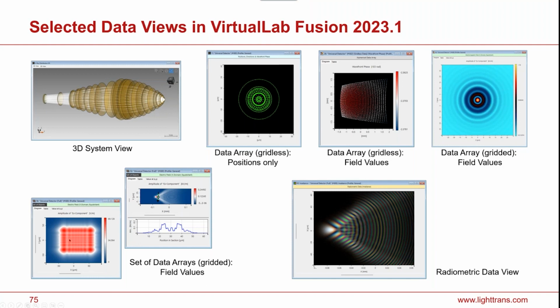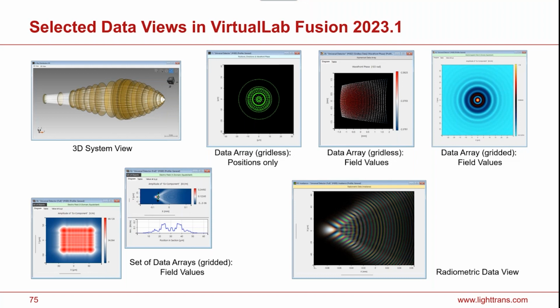So here is another one. If you have different wavelengths or different modes, then you have a set of data arrays. They are gridded in this example, and you can do one diffuse, and you can see something here. So these are views, and then up to now it was called color view or something like this, but what it really is, is colorimetry.